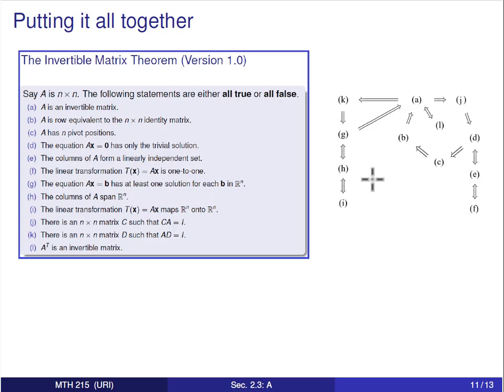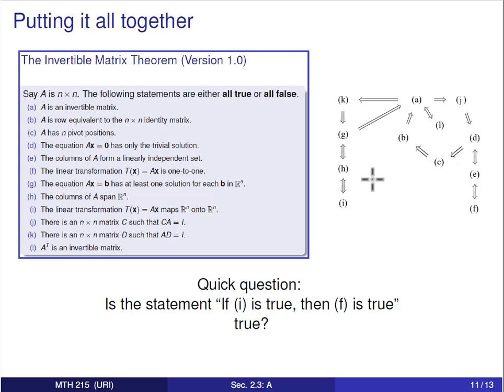And if you were to ask, what happens if statement I is true, can we conclude that statement F is also true? Well, we'll just see. If I is true, can we follow the arrows of implication to get to statement F? If I is true, then H is true.